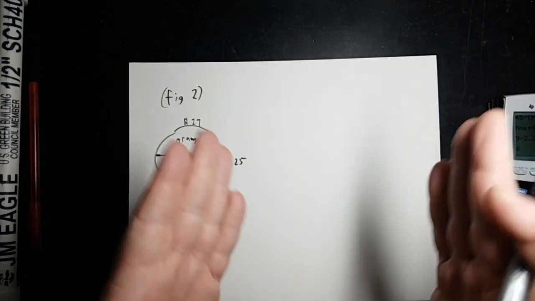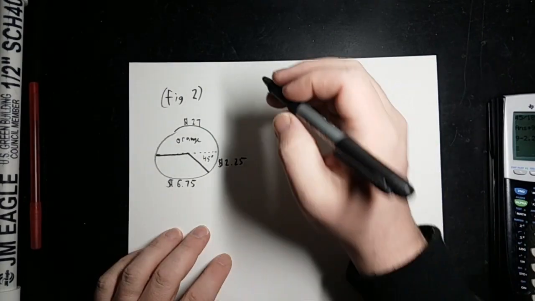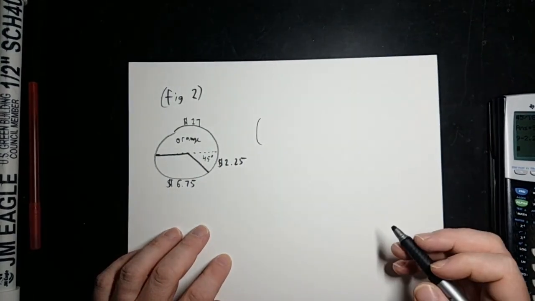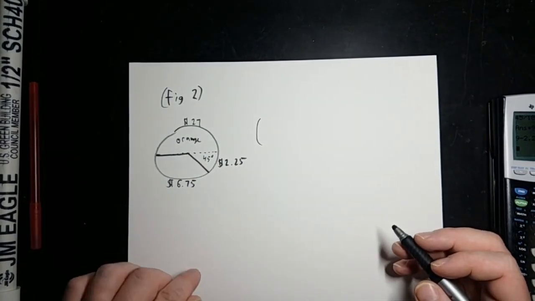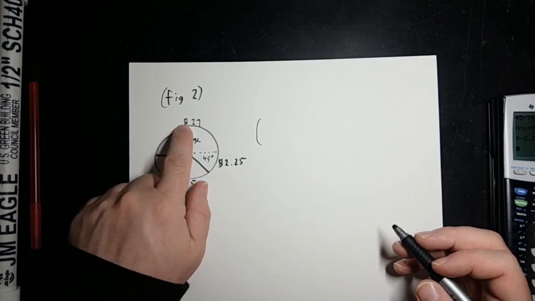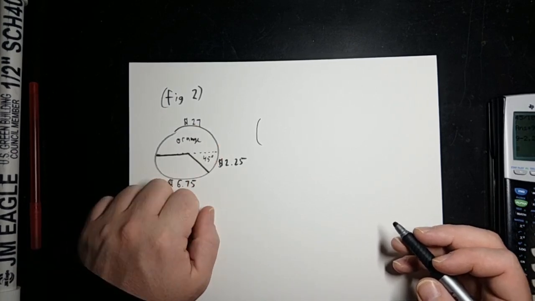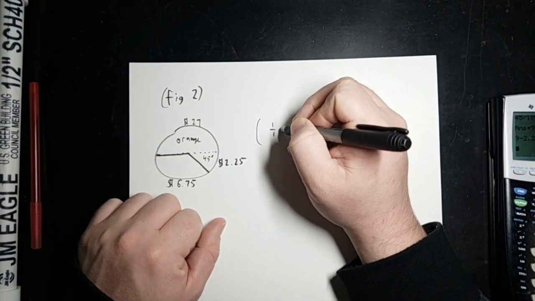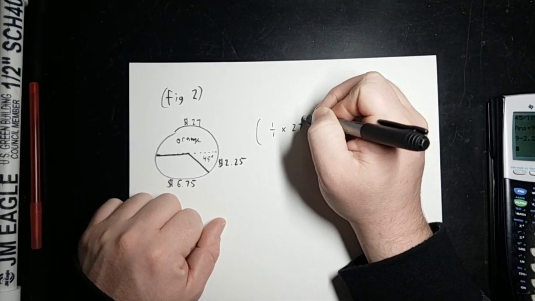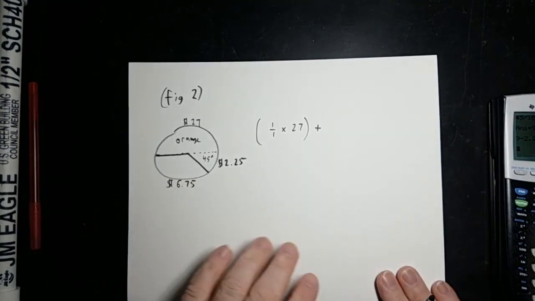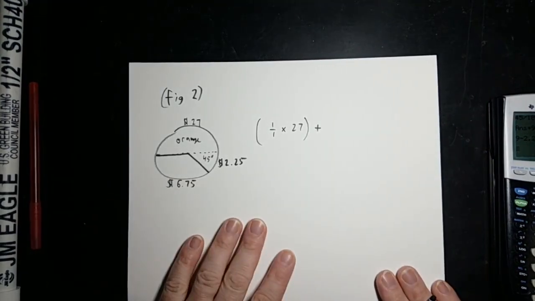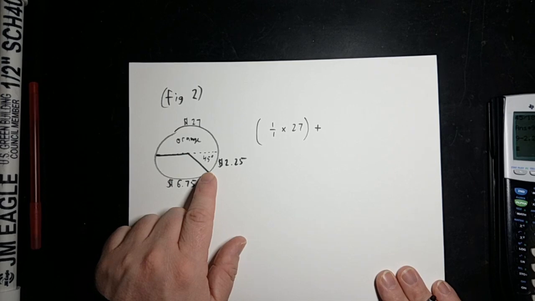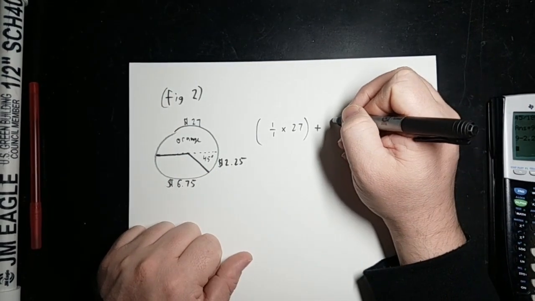Now, looking at the calculation on the worksheet itself, the calculation would go something like this for Jeff. The amount of orange in slice 1? Well, it's all of it. He's got 100%, so I can just do 1 out of 1 times $27 plus, again this is just slice 1, 45 degrees ended up being 25%.